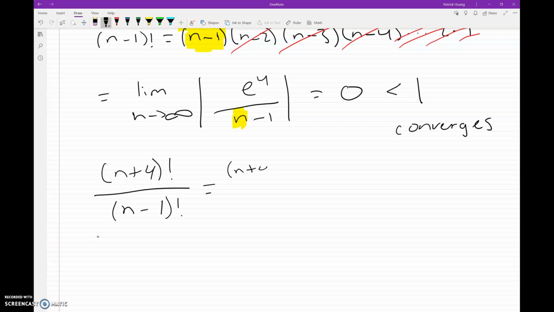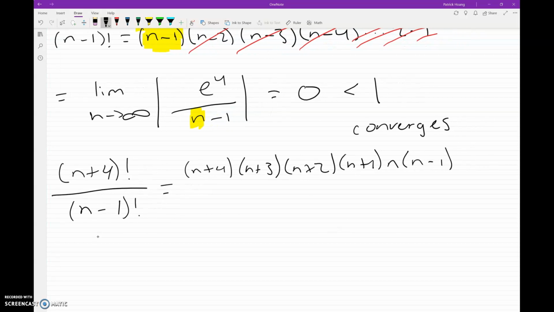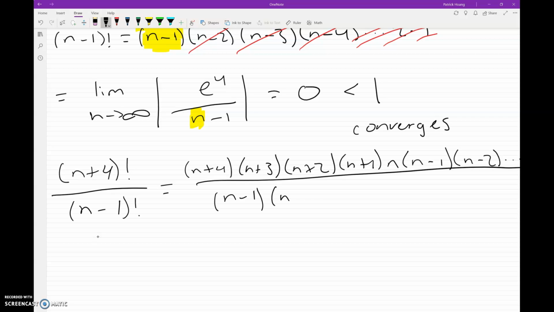Okay, this is n plus 4 times n plus 3 times n plus 2 times n plus 1 times n times n minus 1 times n minus 2, on and on and on. What about the denominator? Well, this would be n minus 1 times n minus 2 times n minus 3, on and on and on. What cancels?